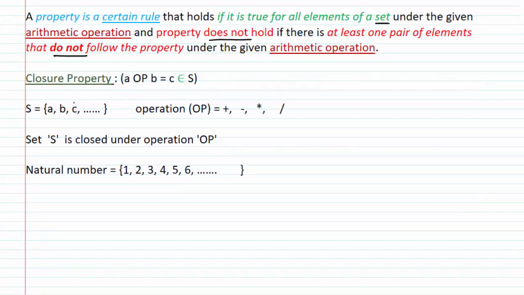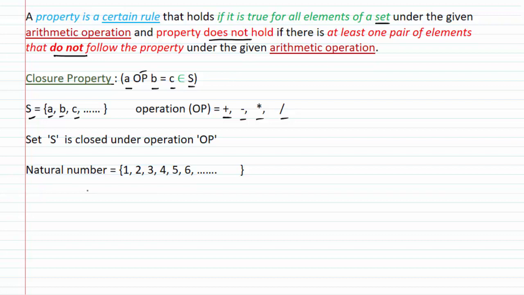As per the closure property, it says that if you are given a set S having element A, B, C and you are performing an operation, it can be addition, subtraction, multiplication or division on the two elements A and B such that A operation B gets a result C which belongs to set S. Means the result C is of same type as A and B, then we say that set S is closed under the operation OP.